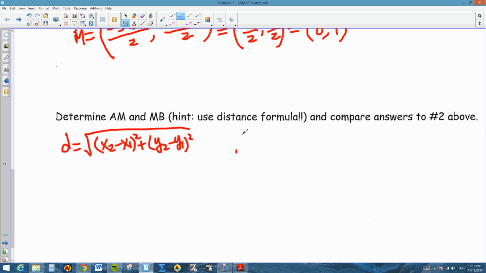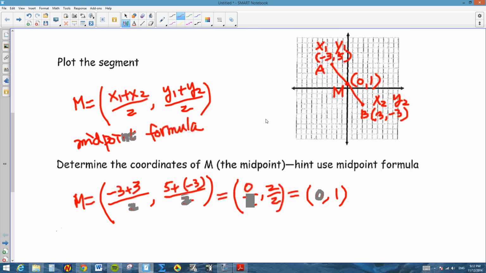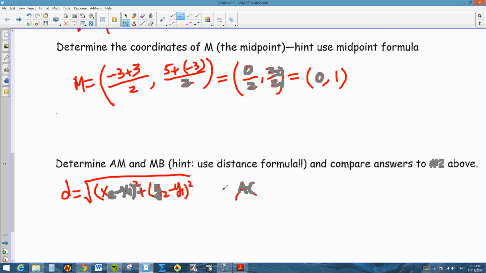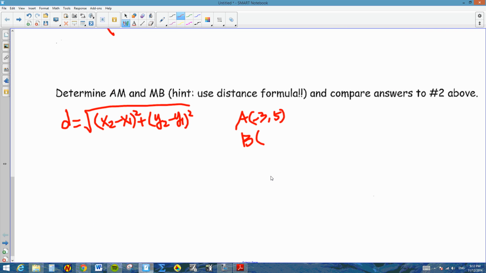So what is my point A? Go back to see: (-3, 5). My B is (3, -3). So this is my x1, y1, my x2, y2.